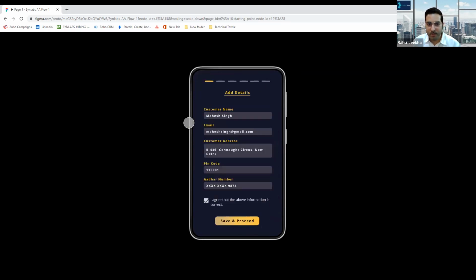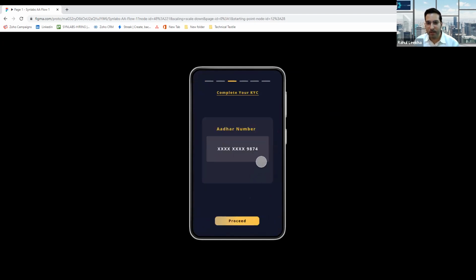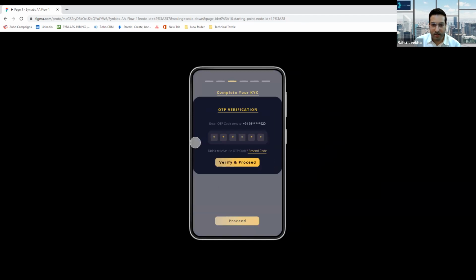Here the person enters their name, their email address, PIN code, and their Aadhaar card number, and then here they choose purpose of loan and the amount they require. The Aadhaar number is taken from the previous page where they entered this field. Again, this is for eKYC purposes. They enter the OTP.